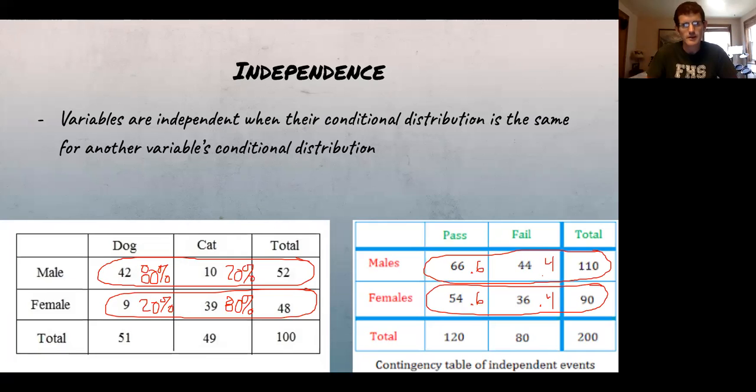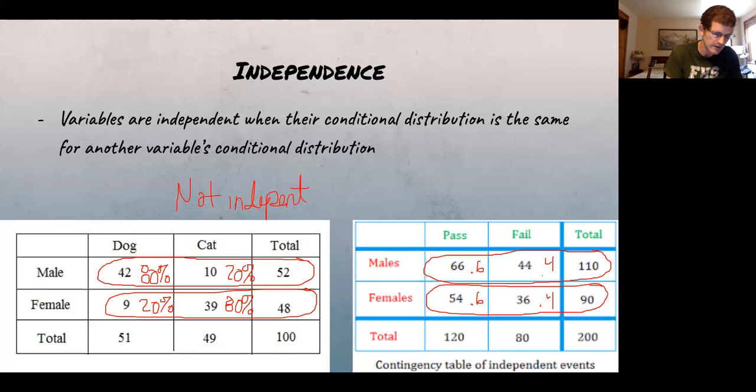So on the left, these are not independent. Okay, let me say this correctly. Favorite animal is not independent of gender. Pretend that says independent, all right?